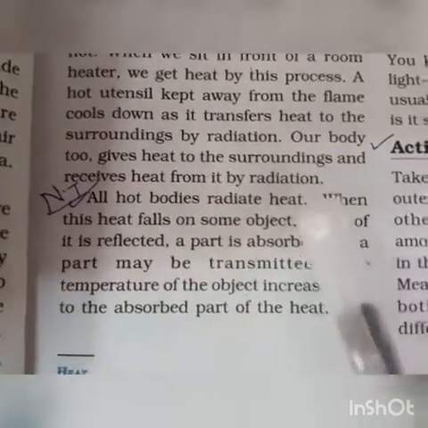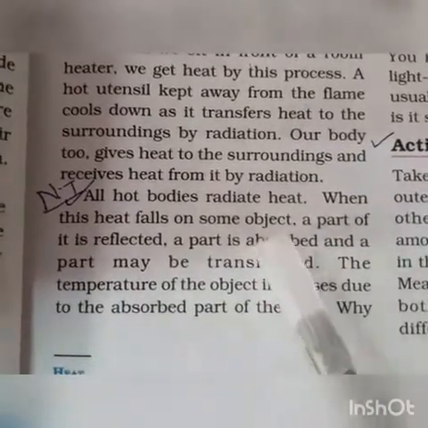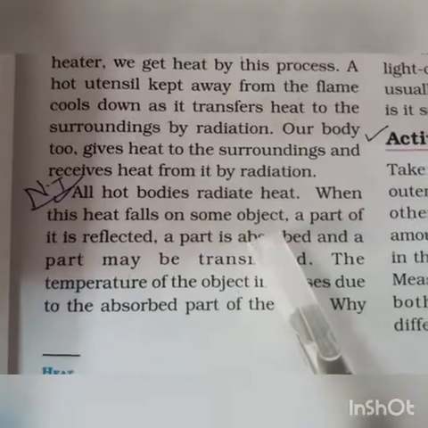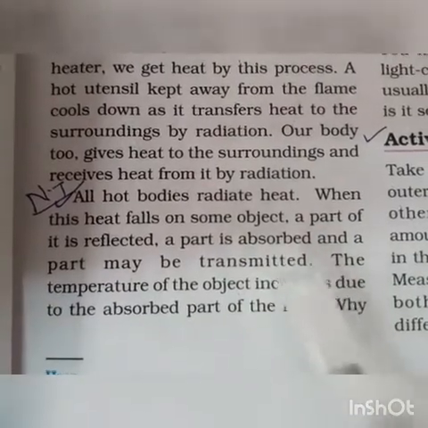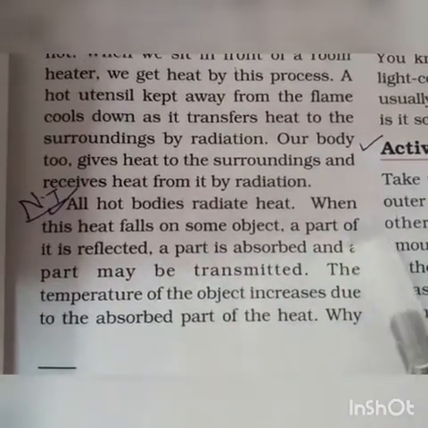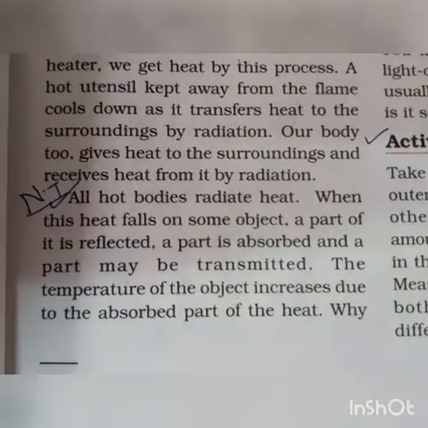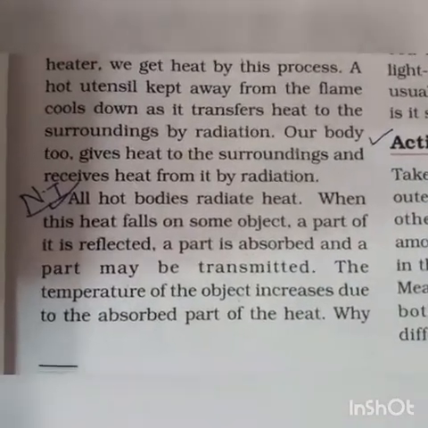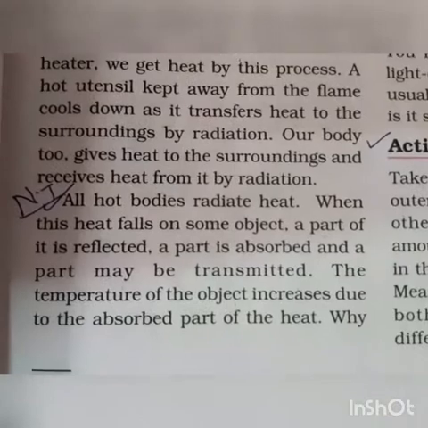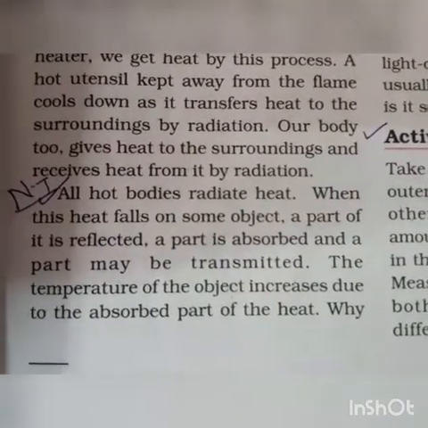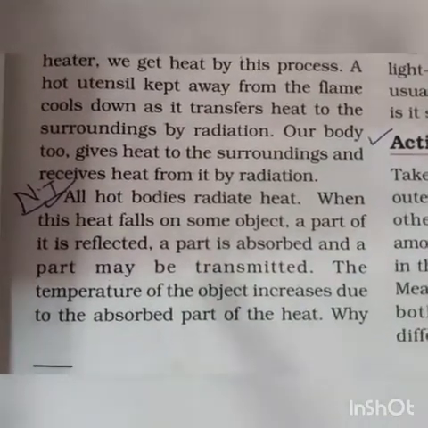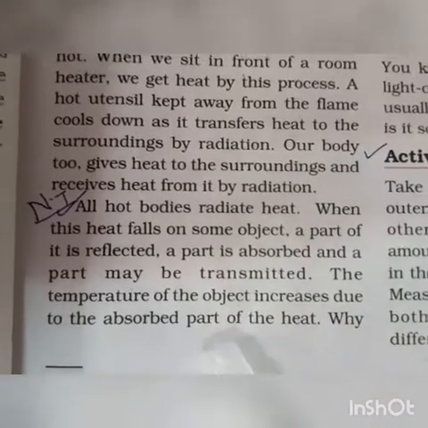So the part of the heat that is absorbed by an object raises the temperature of that object. The temperature of the object increases when it absorbs heat. The heat that falls on the object raises its temperature according to the amount of heat it absorbs.